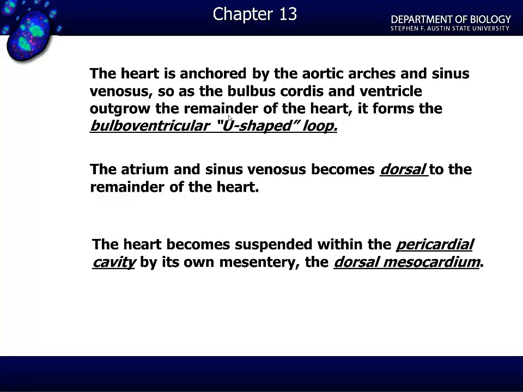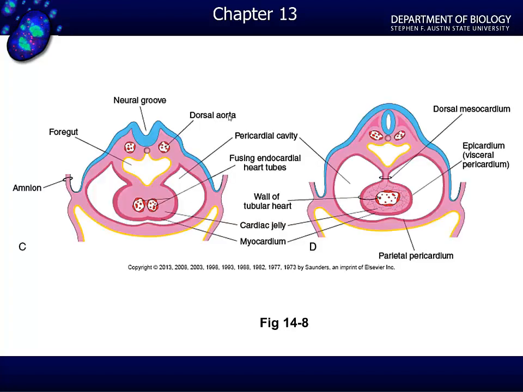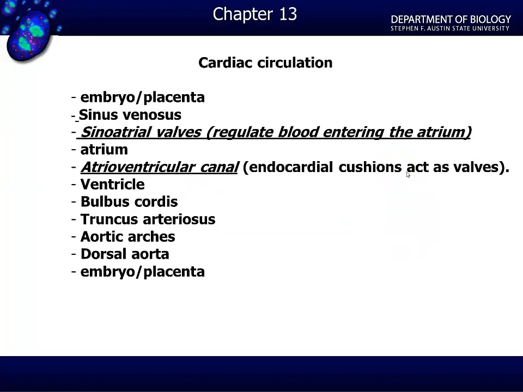And since it's attached to the heart, we refer to this particular position as the dorsal mesocardium. And it was thought for a long time that the proepicardial organ was a part of this dorsal mesocardium, but it is pretty well established now that these are two completely separate structures.